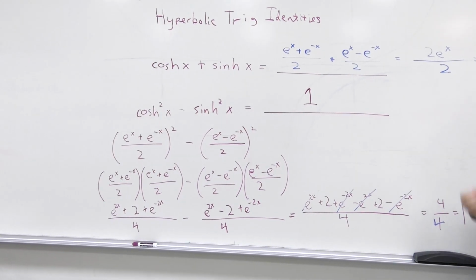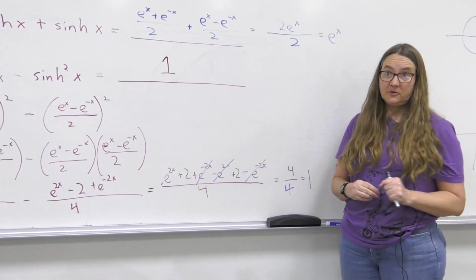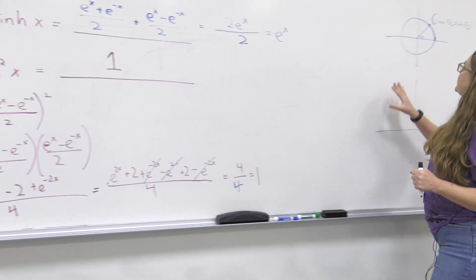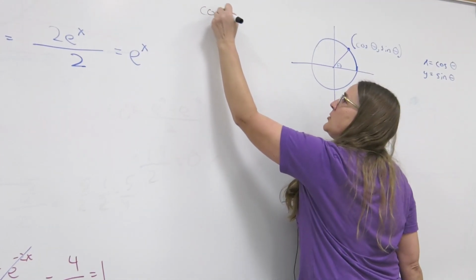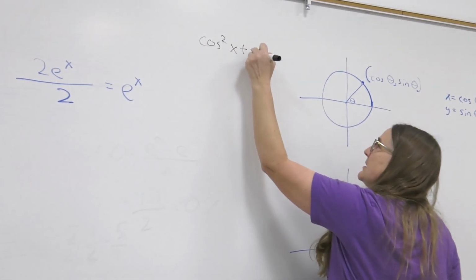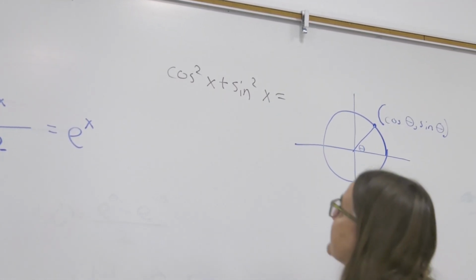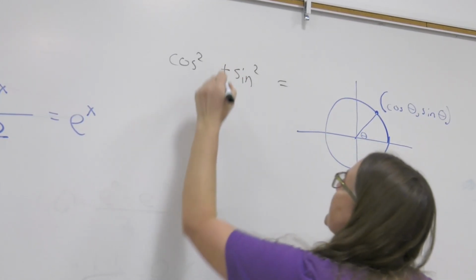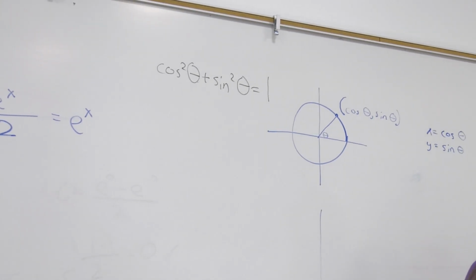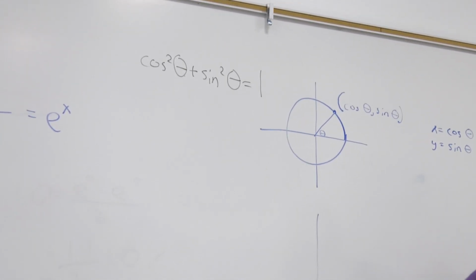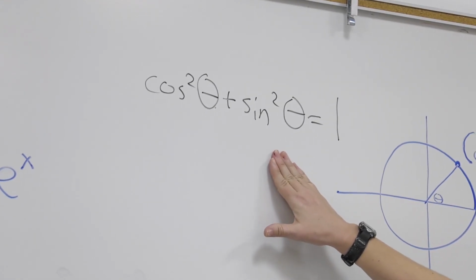Now that should look really similar to our Pythagorean identity involving regular trig. So if we look over here, we know we have the relationship that cosine squared x plus sine squared x, or actually I'm going to switch from x's to thetas here. That's what I meant to do. If I call that angle theta, that's equal to 1. Okay. So that's our Pythagorean identity for regular trig functions.